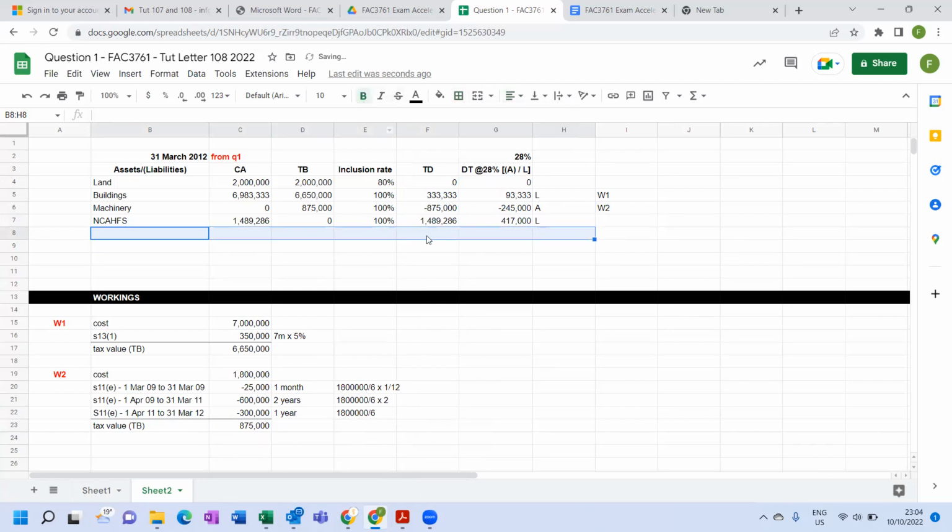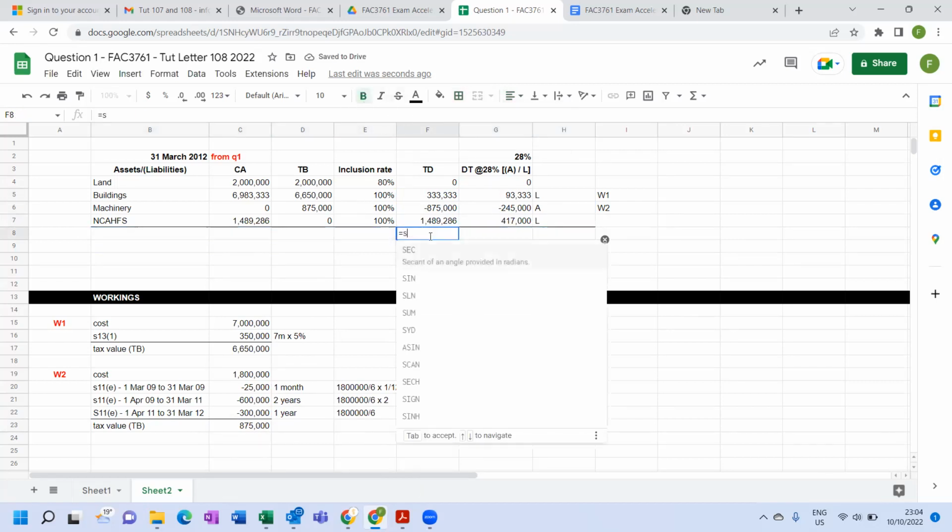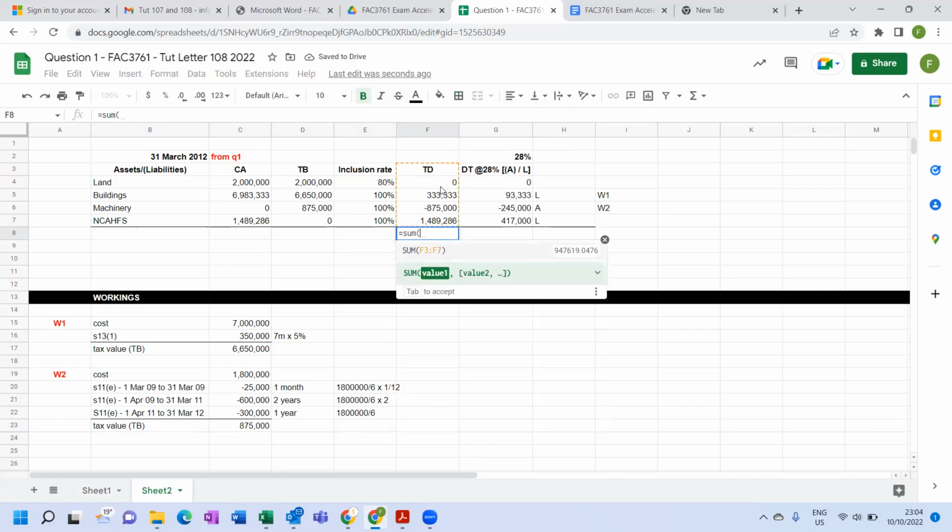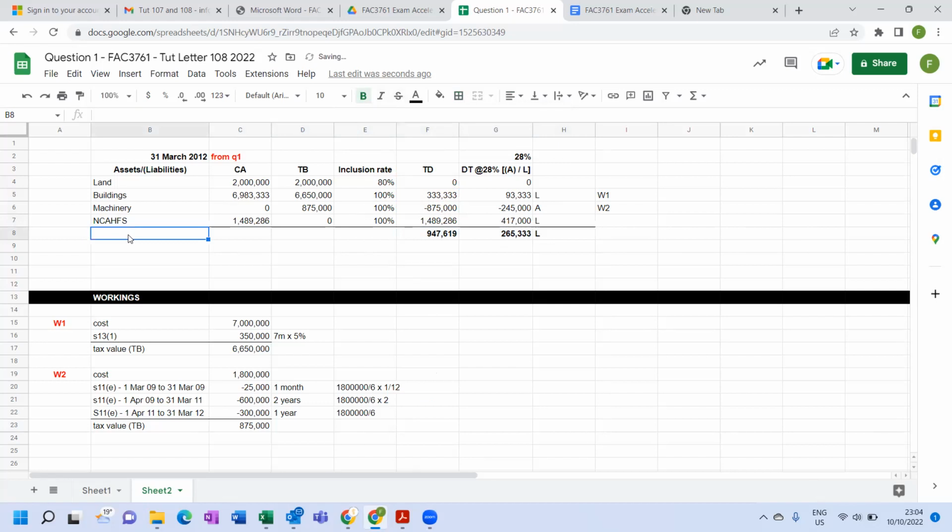So I just want to add up those. It's a positive, so that's a liability. This is the deferred tax balance, so that would be the answer.